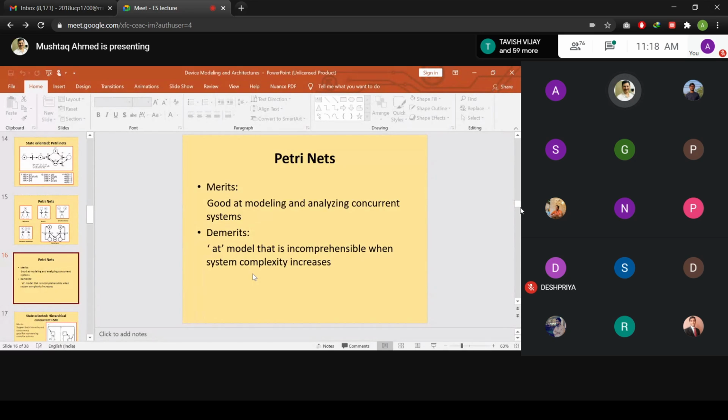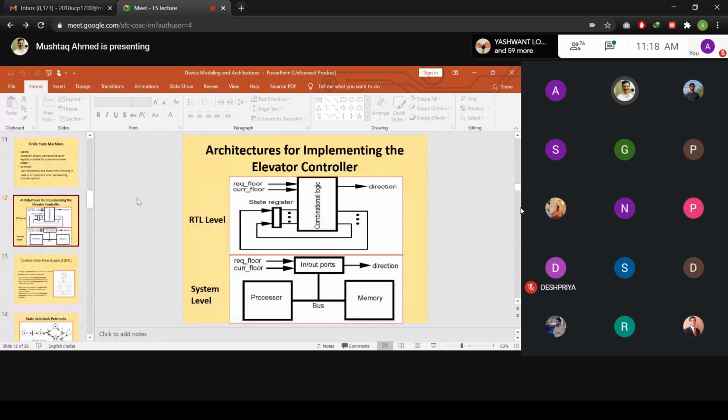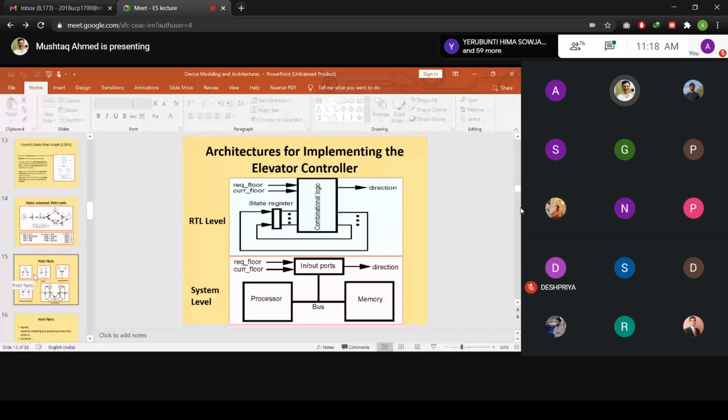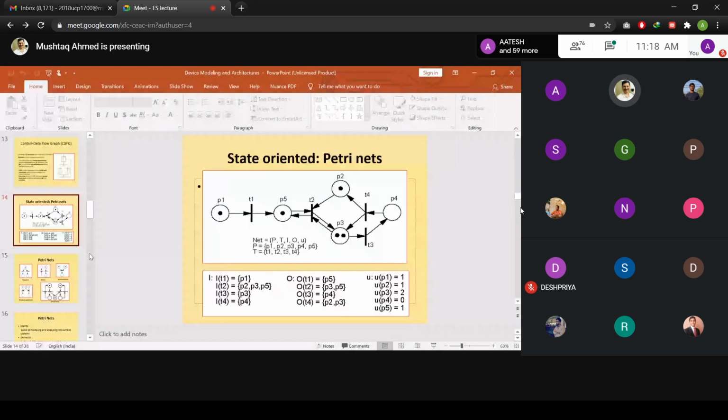So your objective is that you need to download the Petri net tool from the net. It is open source software available, and simulate the operation of the elevator controller. How does the triggering take place, and how does the transition from one state to another state happen depending on the availability of that position, that you need to make.